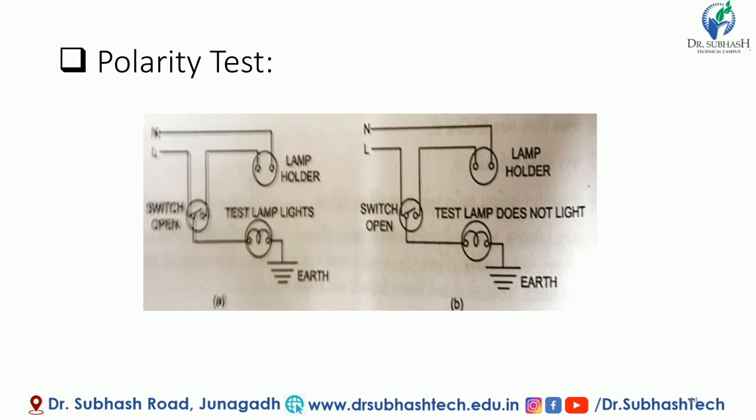Next is the vice versa connection. The lamp does not light, the switch is kept open here, the lamp holder is given to the neutral, and earth is terminated between these two. This is called the polarity test, which in DC means which one is positive or negative, but in AC means which one is line and which one is the neutral connection. So this was the polarity test.